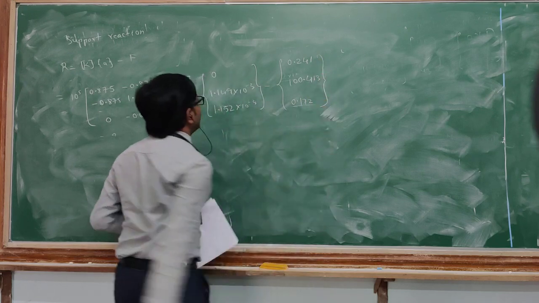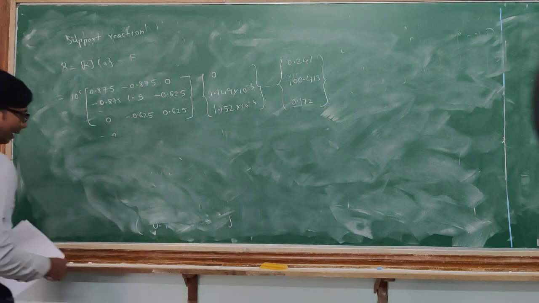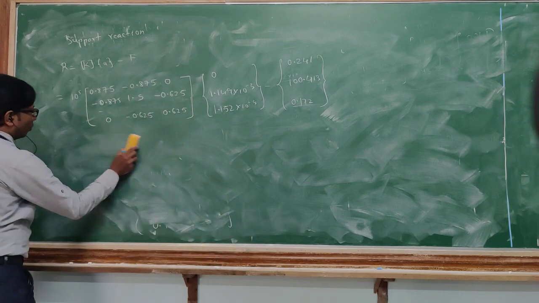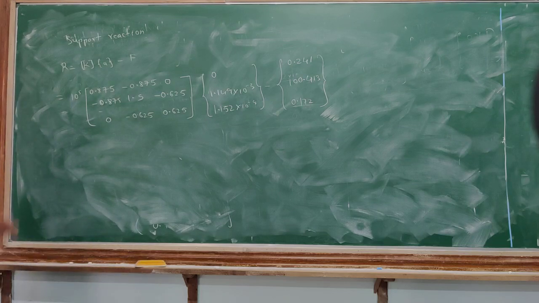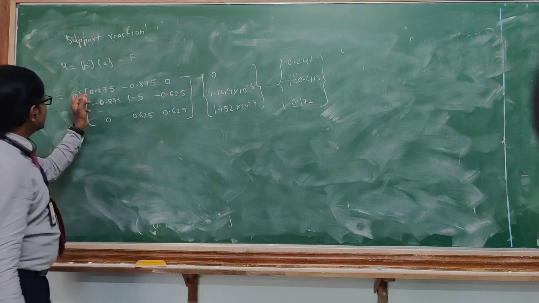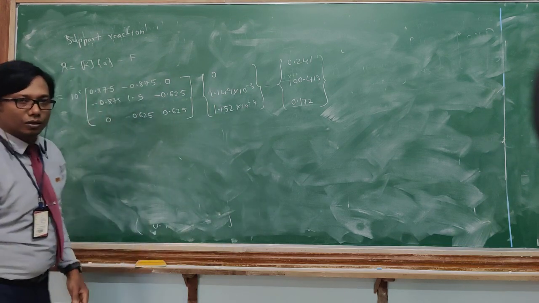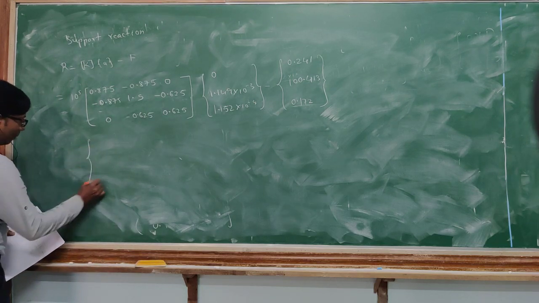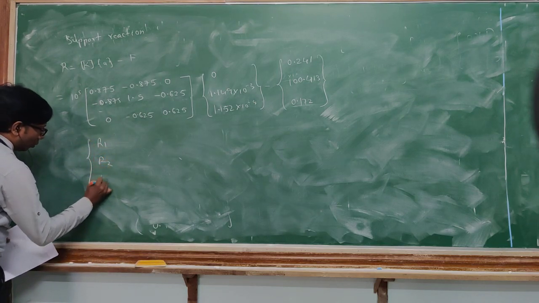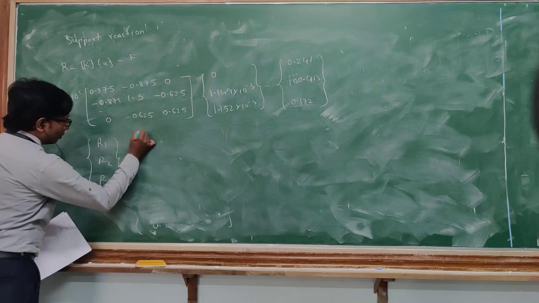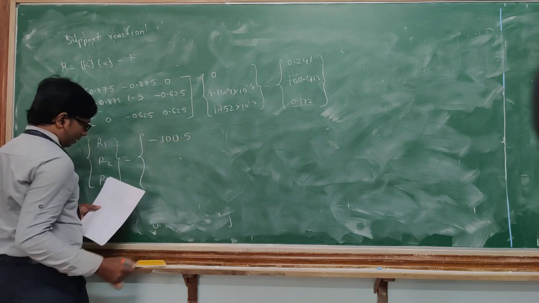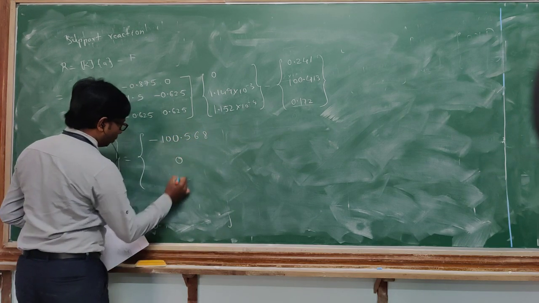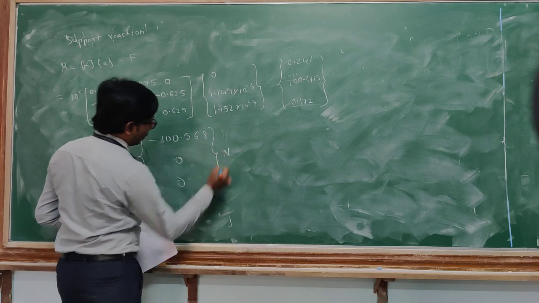When you solve this, you will get the support reaction. You will get only R1, because one end is fixed and the support reaction will be there. So you can solve only R1. I will write generally R1, R2 and R3. You will get it as minus 100.568 Newton.